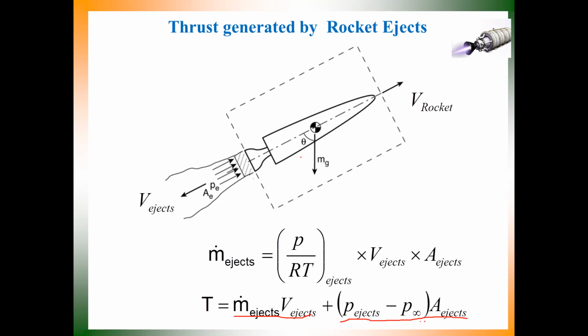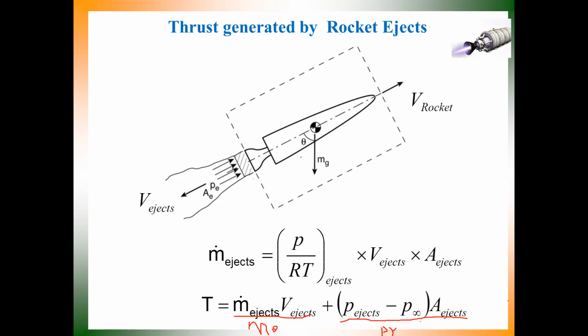If the pressure term is 0, then only the momentum term is left. In the optimum condition, exit pressure is equal to atmospheric pressure, so the first term remains as the thrust. That is called optimum expansion of the nozzle.